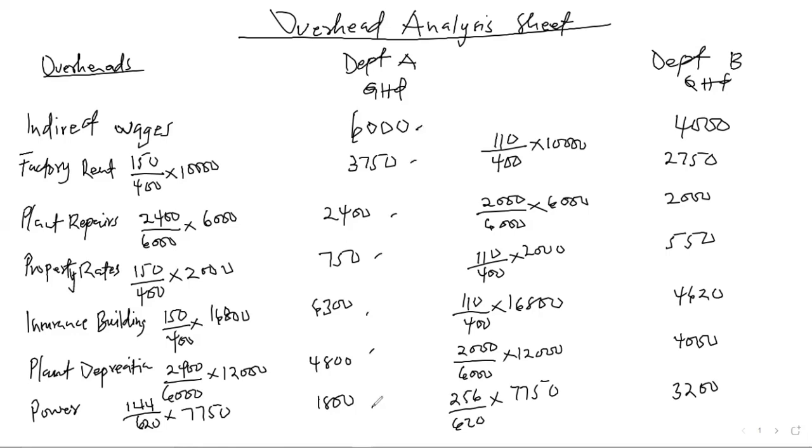Then we add the supervision to get the total value for total overhead cost for department A. We do the same for department B, then we get the total overheads for department B, and we do the same for department C and D.